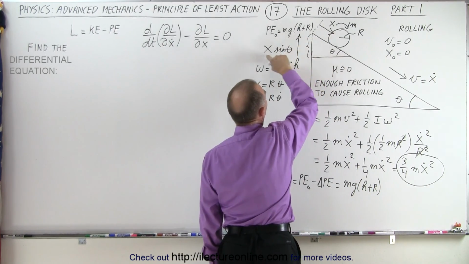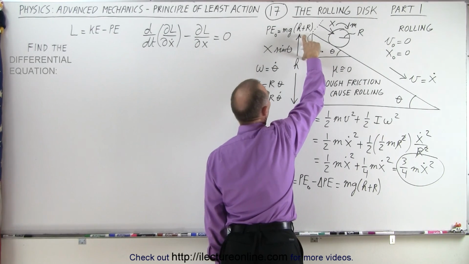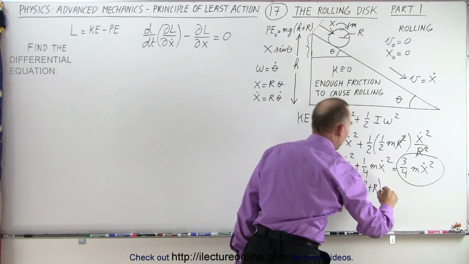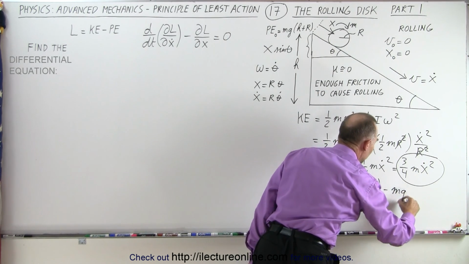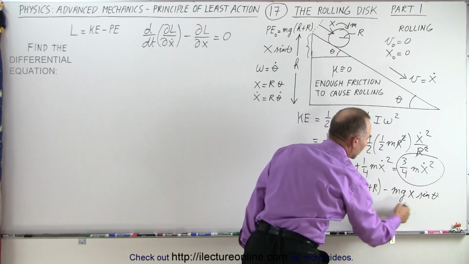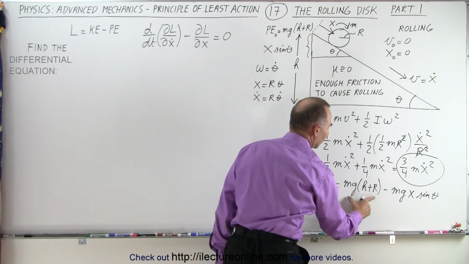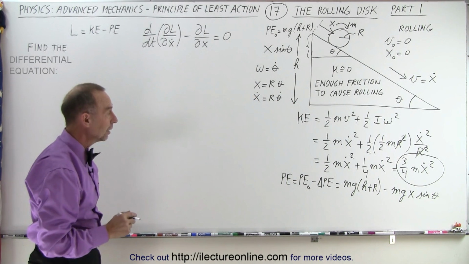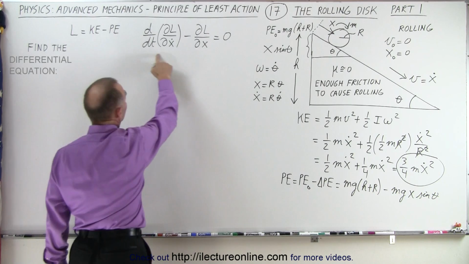That would be x times the sine of theta is the distance. And so it will be mg times the distance it loses in terms of x. So minus mg times x times the sine of theta, which is the diminishing potential energy from the initial potential energy.